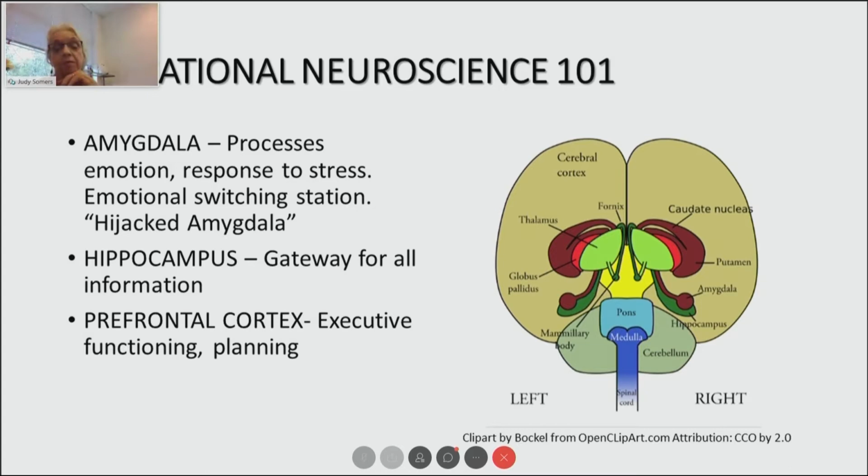And the hippocampus is the gateway for all of that information to come in. Looking at it from that perspective and thinking about the amygdala, when I was first introduced to brain research and its use in education, I heard the term hijacked amygdala, which is when there's threatening information seemingly coming in.